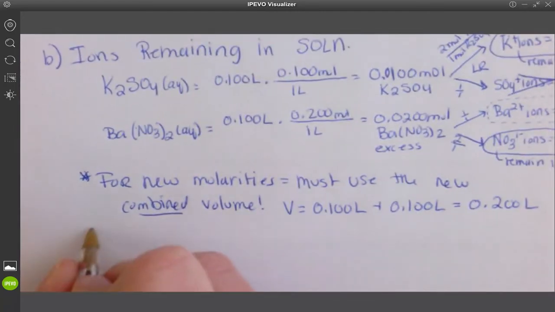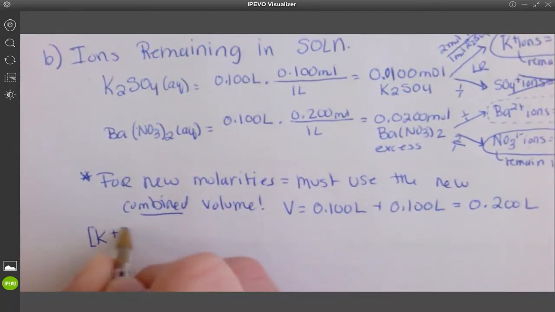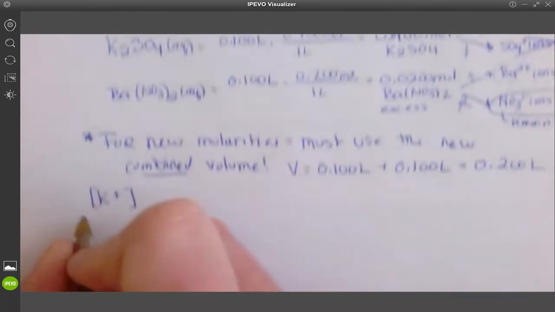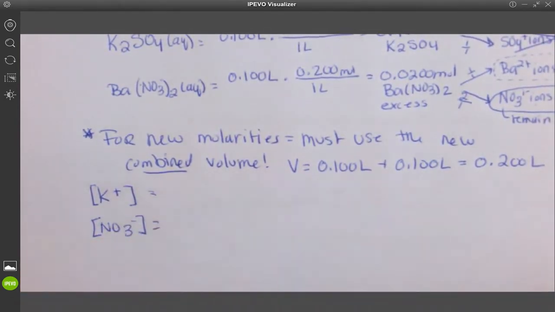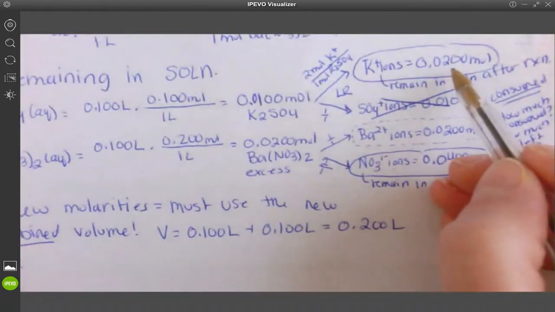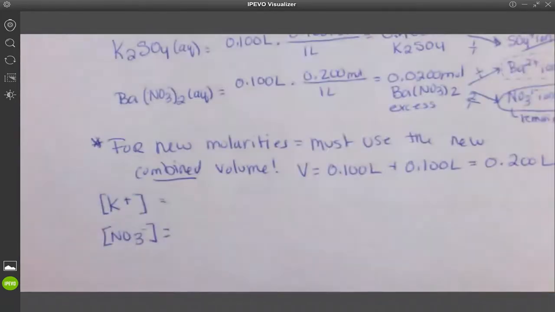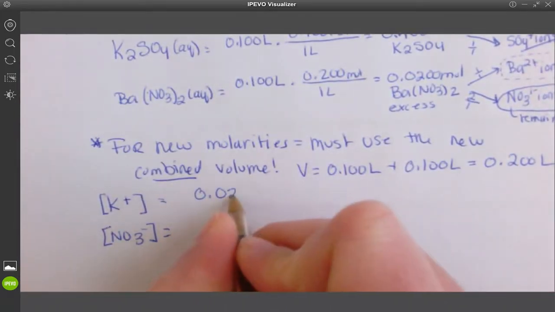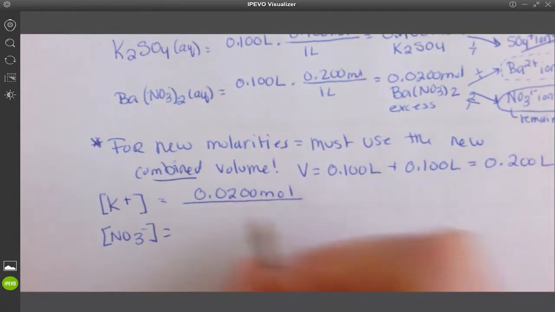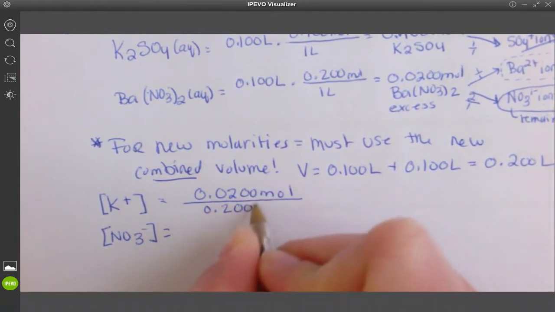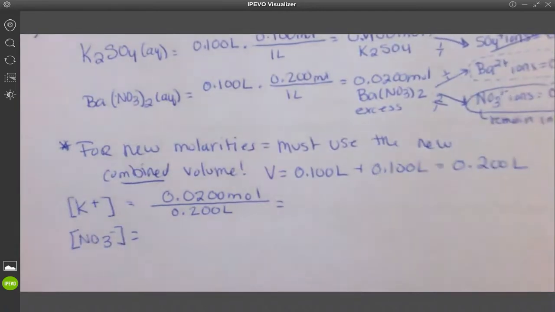So we can quickly find our concentration of our potassium ion and our concentration of our nitrate ions. Going back up here, we know we have 0.02 moles of potassium ions in the solution that didn't react with anything. That's now in a 0.2-liter solution.